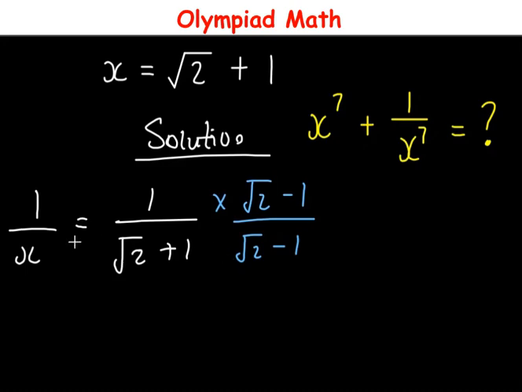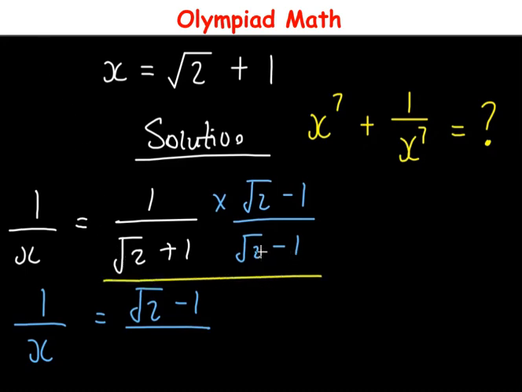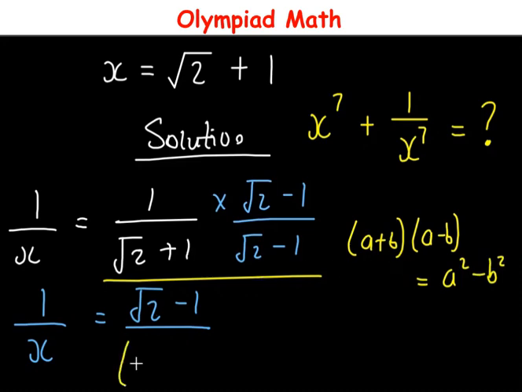Doing this, we have 1 over x is equal to 1 times this, which is simply square root of 2 minus 1, over the denominator. Now, if you have a plus b multiplied by a minus b, this equals a squared minus b squared. Following this identity, this becomes, in brackets, square root of 2 all squared minus 1 squared.